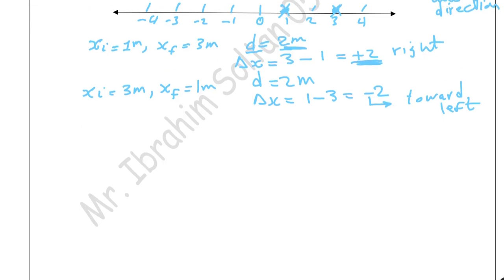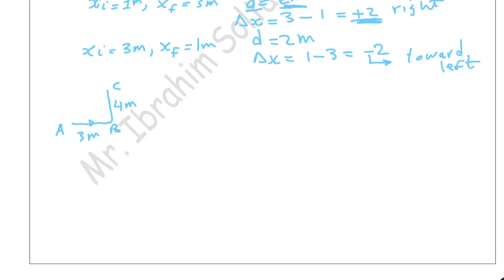Let's take another example. Imagine that you move 3 meters right and 4 meters up, from A to B to C. Calculating the distance: distance equals from A to B to C, 3 plus 4 equals 7 meters.